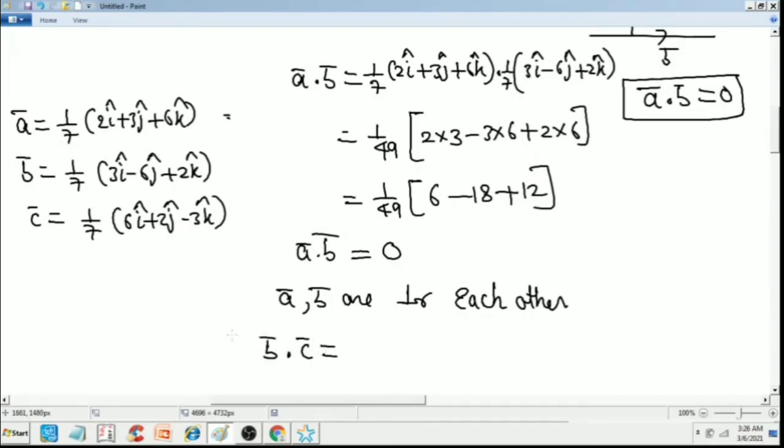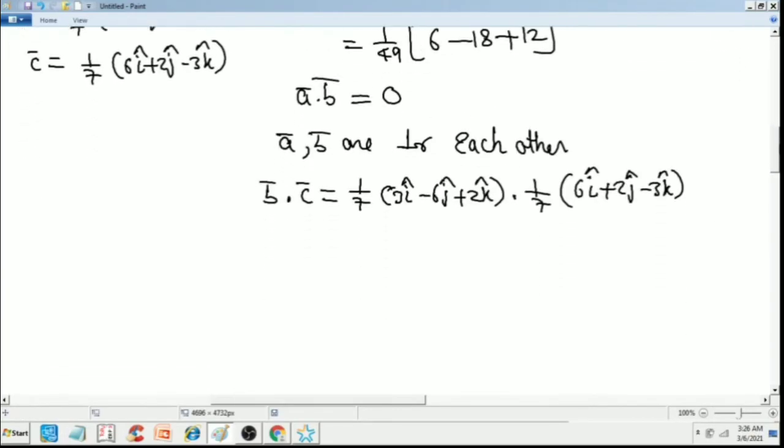Similarly, B dot C. B dot C is equal to 1 by 7 into 3i minus 6j plus 2k, dot 1 by 7 into 6i plus 2j minus 3k. 1 by 7 times 7 is 49.